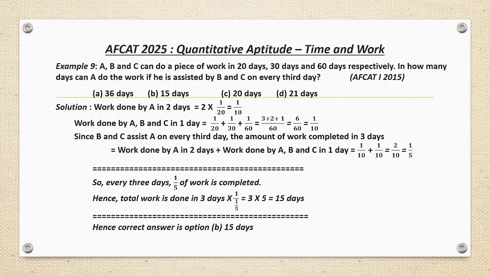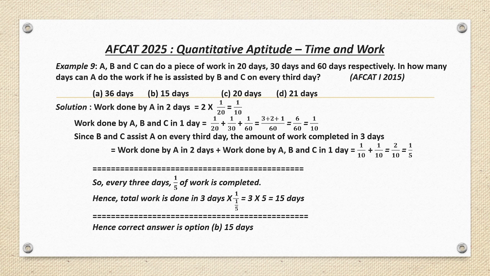Okay. I hope you have tried it. Now, work done by A in 2 days. Okay. So, what is given? A is assisted by B and C only on every third day. So, 2 days he is working alone. So, work done by A in 2 days is 2 into 1 by 20 is 1/10. Right.